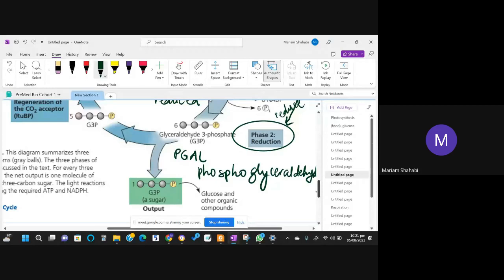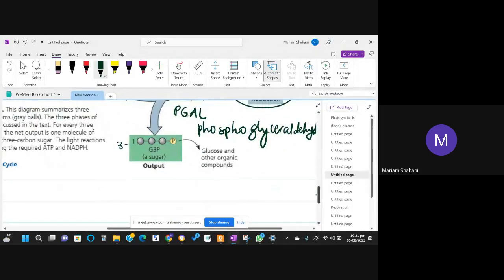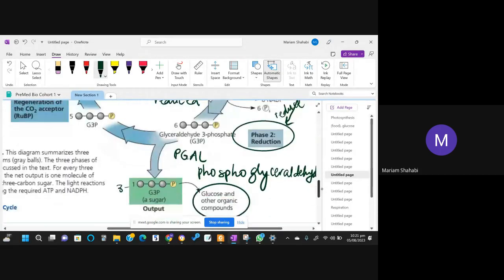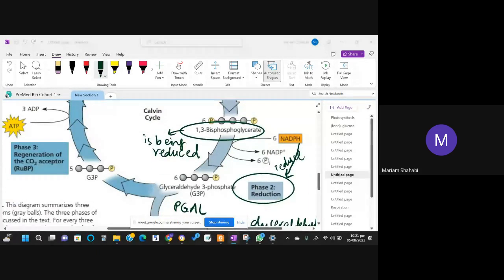It is a 3-carbon compound, a 3-carbon sugar, and from this phosphoglyceraldehyde it will be converted into glucose and other organic compounds. But that's not it.